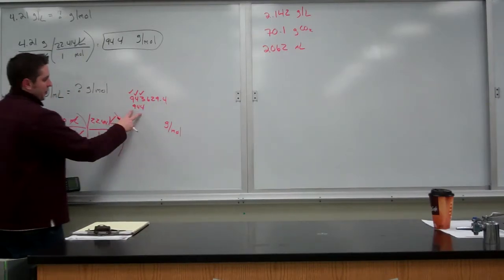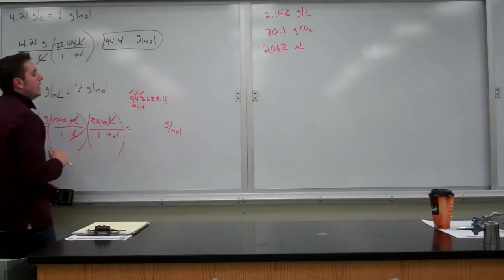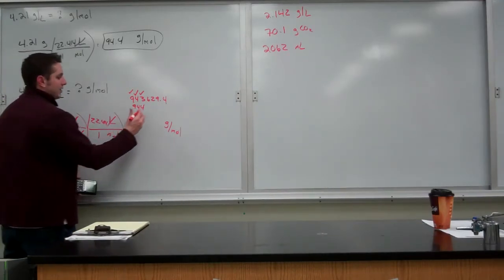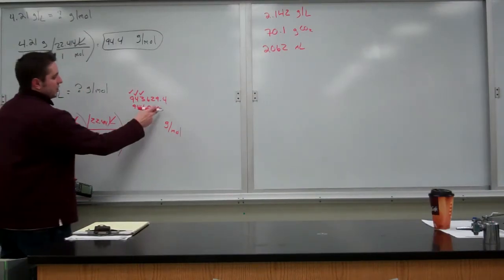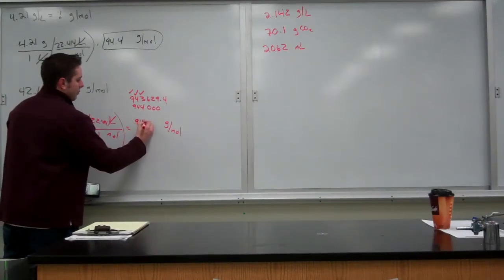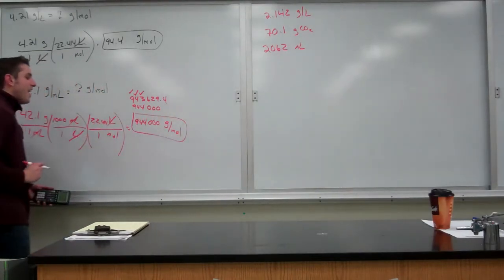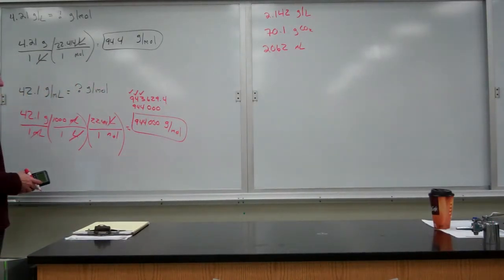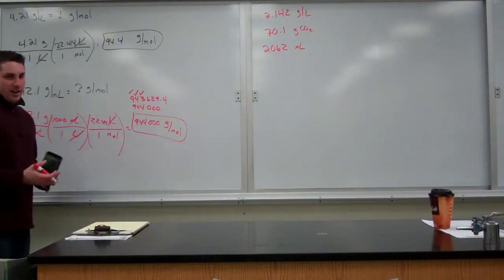However, 944 is not very close to 943,629. So we have to make them closer in magnitude by adding insignificant zeros. That means no decimal point here. So you would say that the molar mass of this is 944,000 grams per mole.